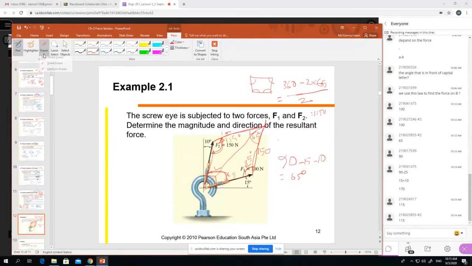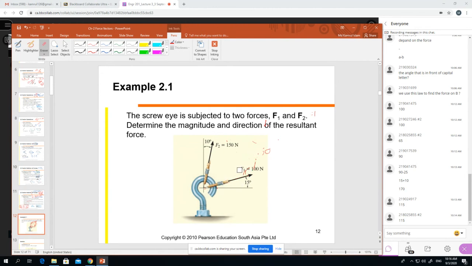I clean all this. Now tell me which formula I should use. You already learned two formulas, the sine formula and the cosine formula.